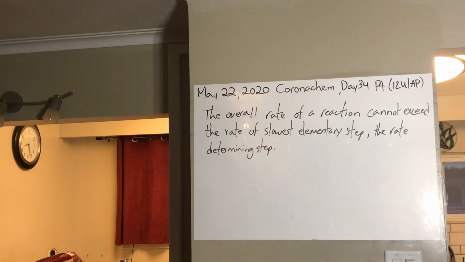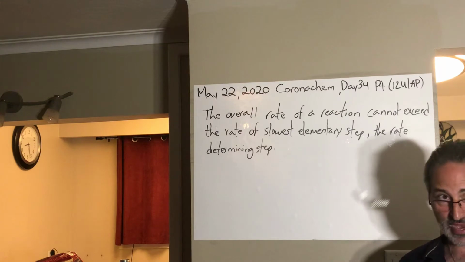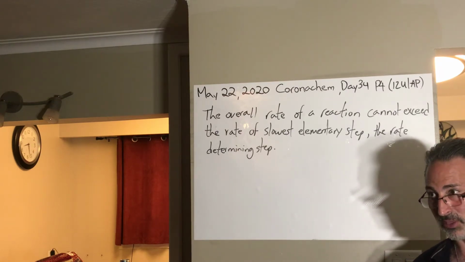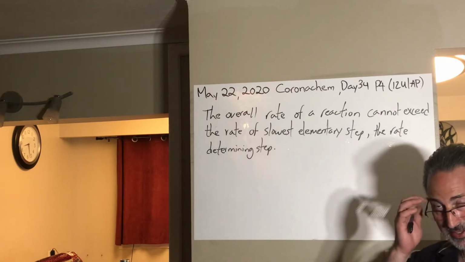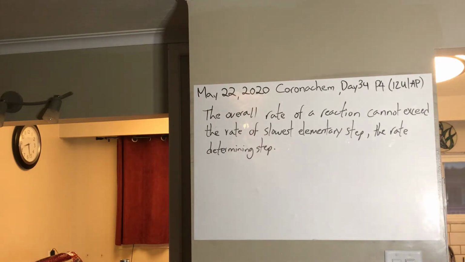Now you can sometimes have a slow initial step followed by a fast second step, and sometimes you can have a fast initial step followed by a slow second step. And they have slightly different looks to them. Let's look at practice example on page 604.